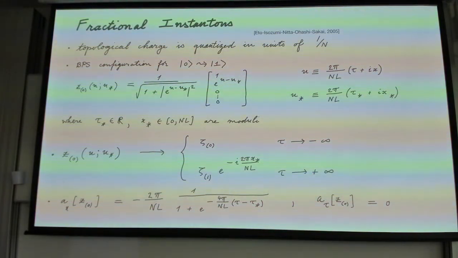Here I've written the explicit solution for the configuration which goes from 0 to 1. The important thing about this formula is that, first, it satisfies the right boundary conditions. It depends on two moduli parameters, tau star, which is like the center of time of the instanton, and x star, which is a compact modulus, which runs over 0 to nL.